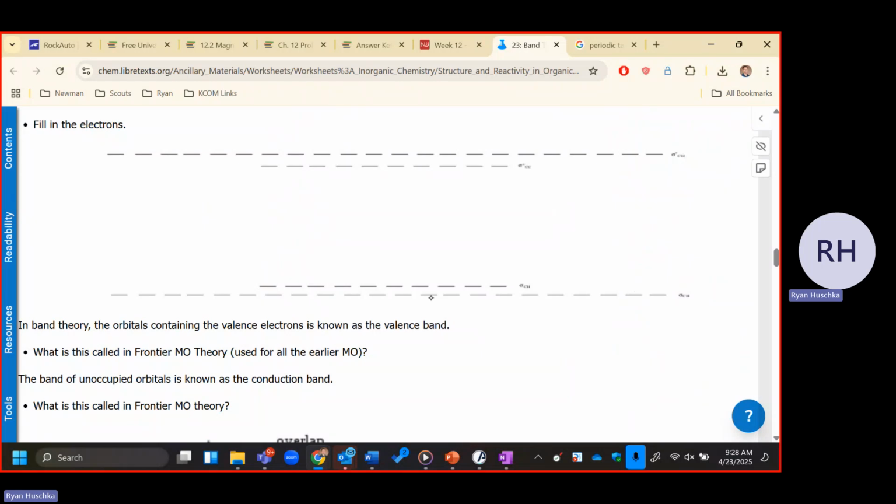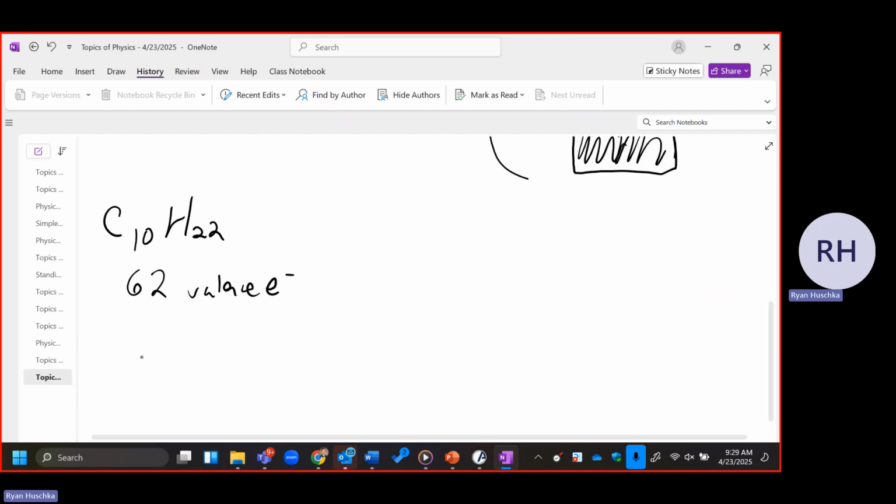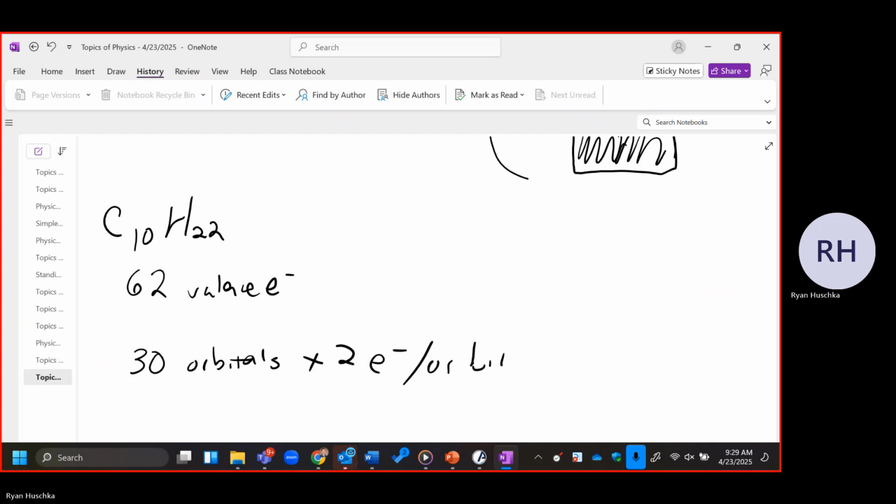All right, so if you said there were 22 on the bottom and then 10, that would be a total of 32, right? So if you did 30 orbitals times 2 electrons per orbital, that would get you 60 electrons.